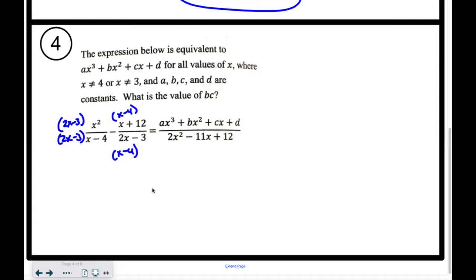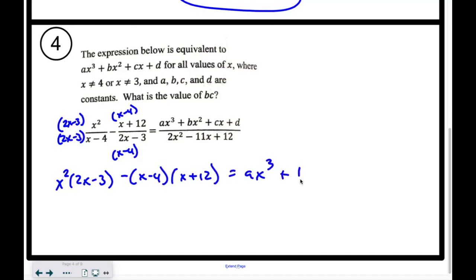So what I really care about is x squared times 2x minus 3 minus x minus 4 times x plus 12. I need that to be the ax cubed plus bx squared plus cx plus d. That's what I'm in search of. And the common denominator is going to eventually just cancel out on all of them. So now I distribute. So I get 2x cubed minus 3x squared.